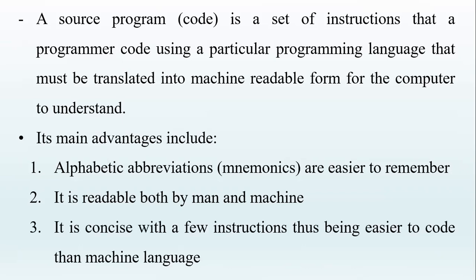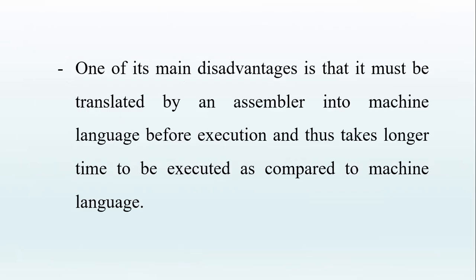Number three, it is concise with a few instructions, thus being easier to code than machine language. One of its main disadvantages is that it must be translated by an assembler into machine language before execution, and therefore it takes longer time to be executed as compared to machine language or as compared to first generation languages.